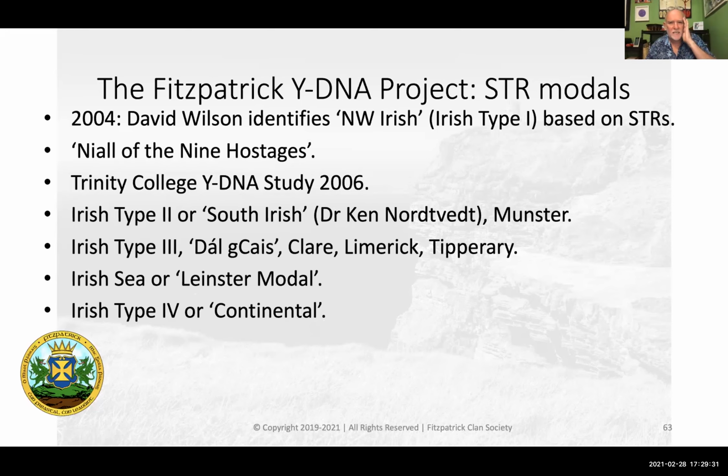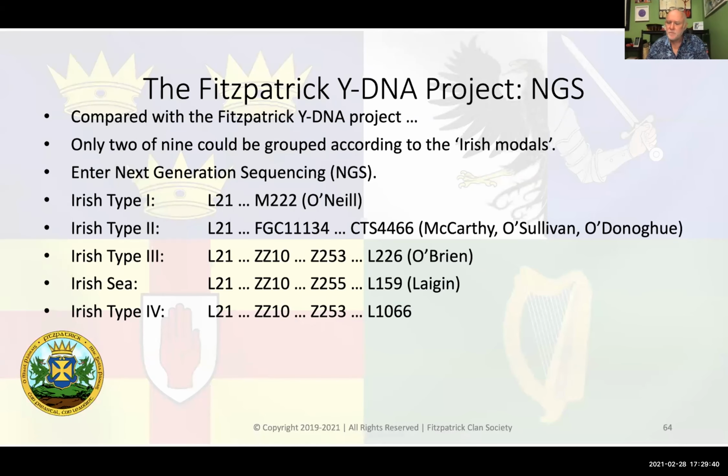So people were starting to be able to group men together and give them definitions based on location or ancestry. But now, if you fast forward to 2021, we're much, much better at identifying groups using the SNPs I referred to earlier.